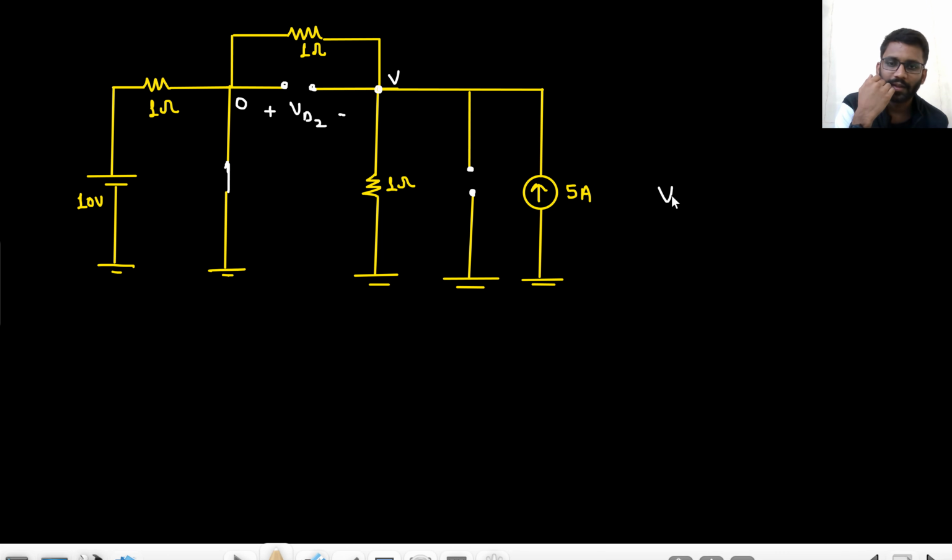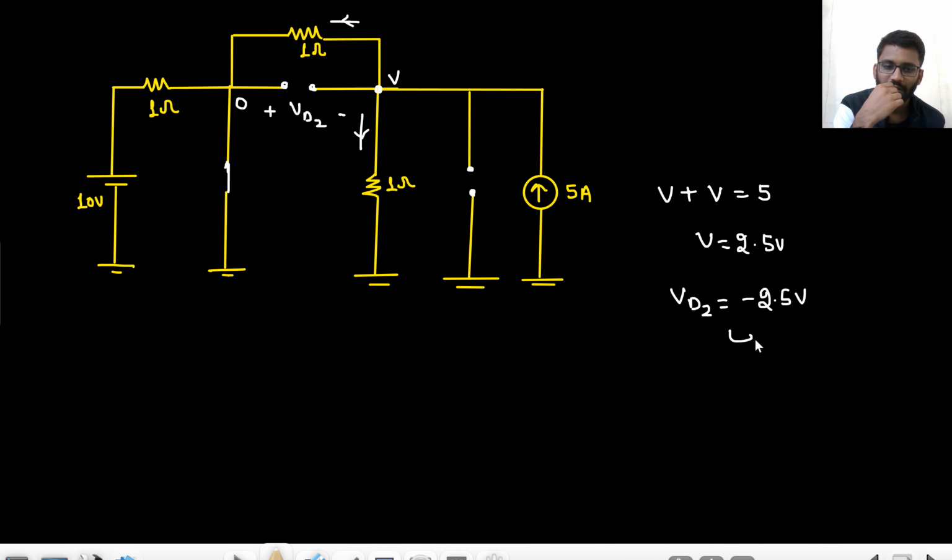V by 1 plus V by 1 is equal to 5. Current here is equal to 5 ampere, right? So V is equal to 2.5. That means my VD2 is minus 2.5 volt. That means diode D2 is off.